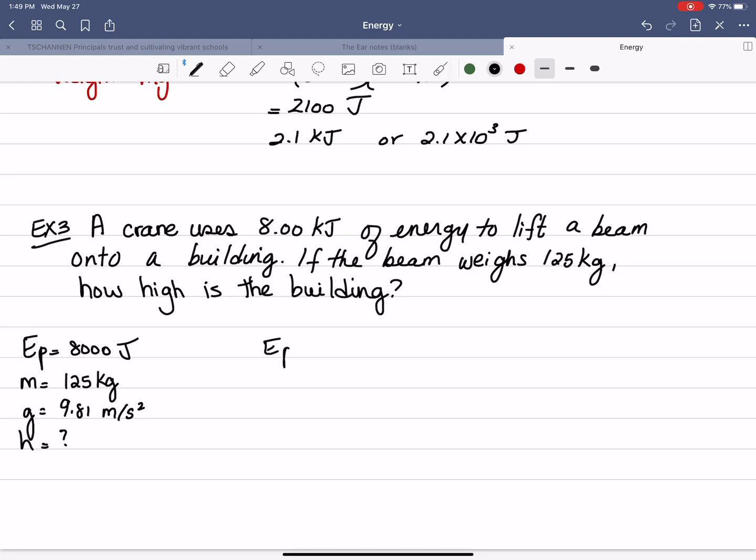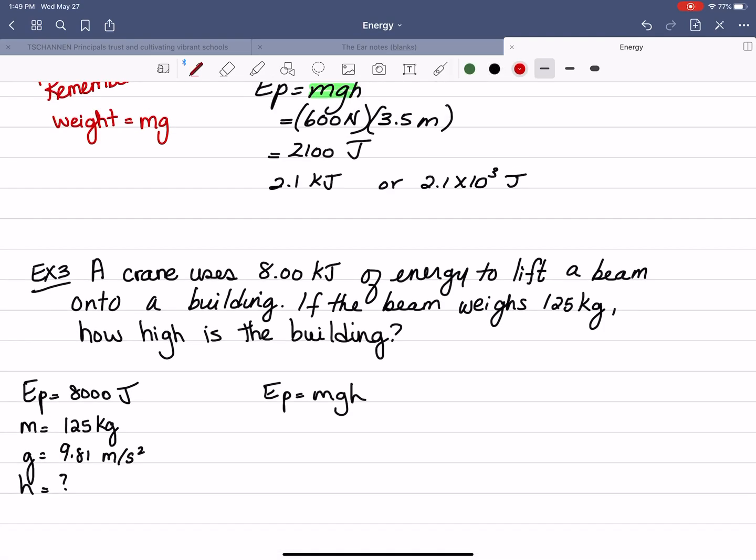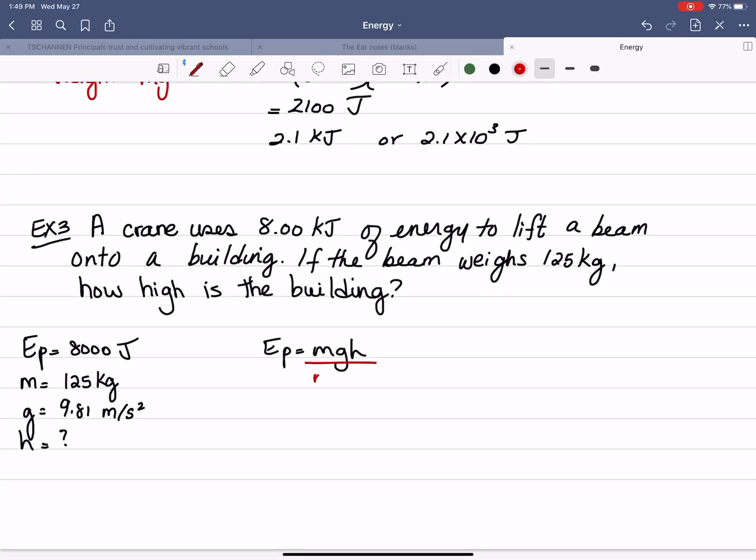So EP is equal to mgh. I need to find H, and therefore I gotta get rid of M and I gotta get rid of G. Whatever I do to one side, I have to do to the other. And so my formula becomes EP divided by mg.